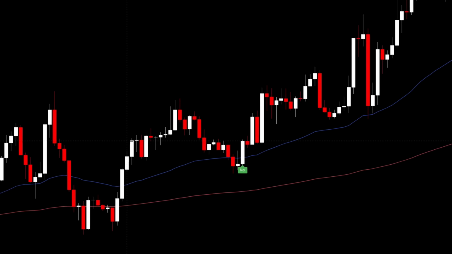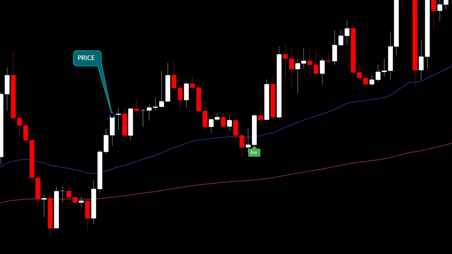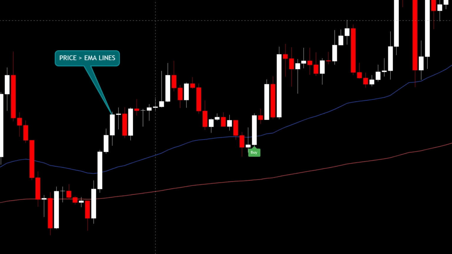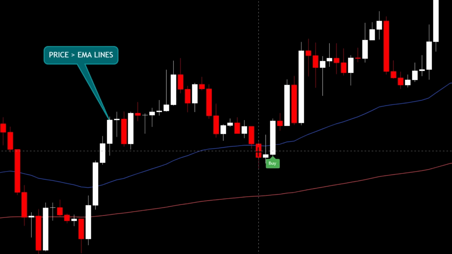Now, here's the interesting part. In an uptrend, we wait for price to dip below the 50 EMA, but still stay above the 200 EMA. That dip is the pullback.